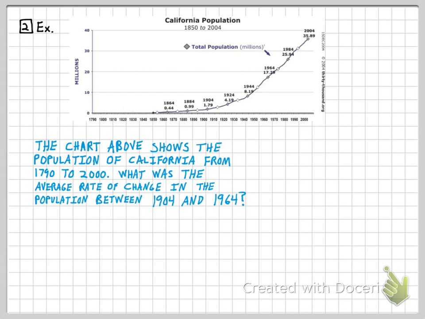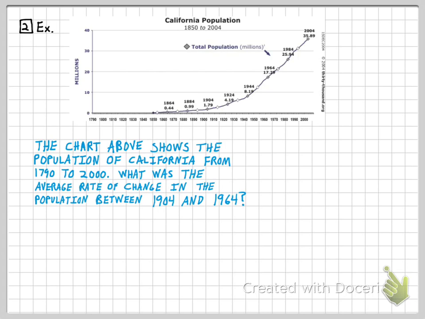This is an example. This graph here shows the population of California over the past several decades. And the question down below says, what is the average rate of change between 1904 and 1964?